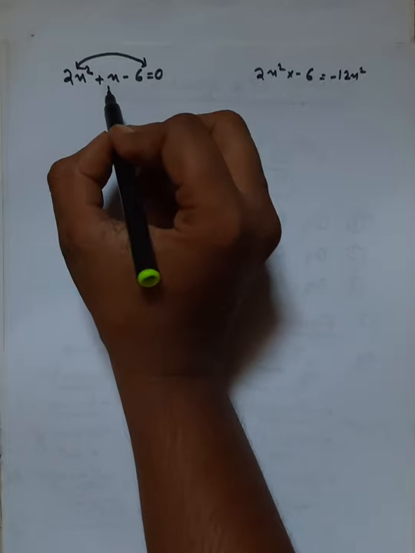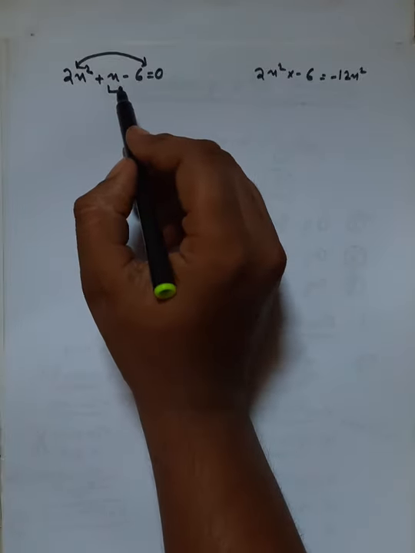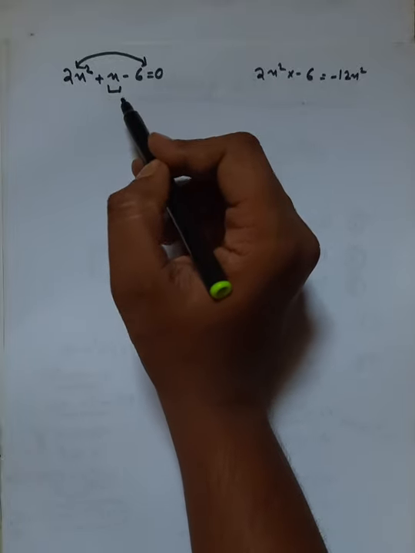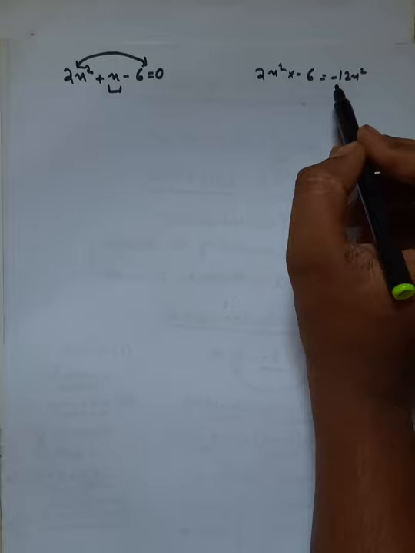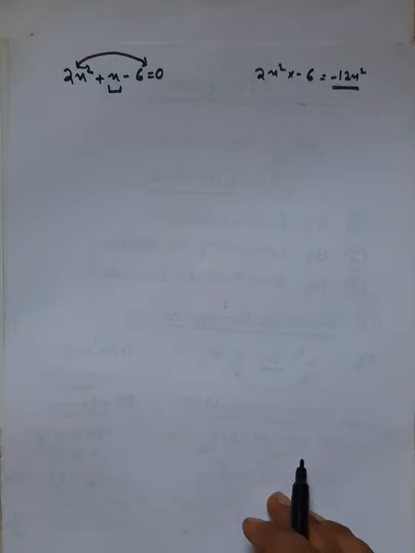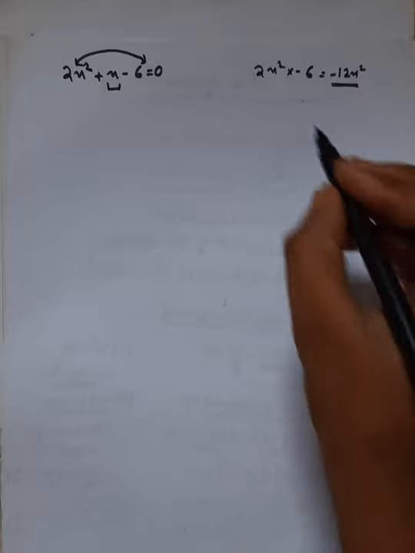And now we have to split this x in such a way that if we add or subtract, then we get plus x, and if we multiply the two terms, then we get minus 12x square. Okay, so let us see how we can do.